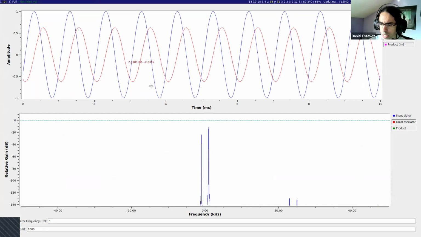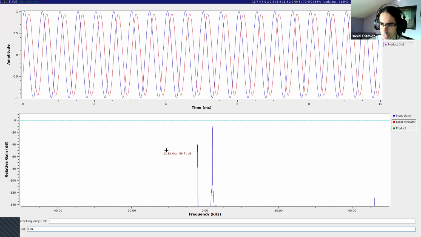But because this Hilbert filter is trying to give me the sine function, which is in quadrature with this one, the amplitude is not quite right, because this is a digital filter and it's never going to be perfect. And the closer we get to 0, the worse it's going to be.